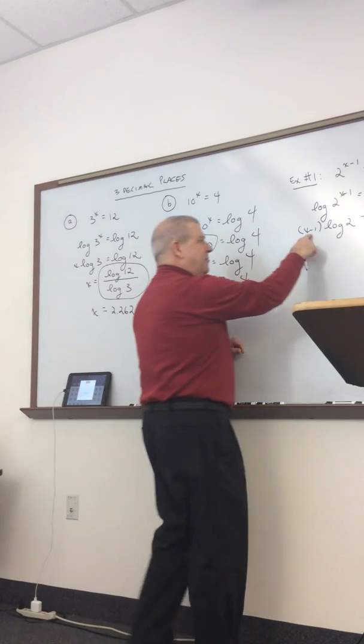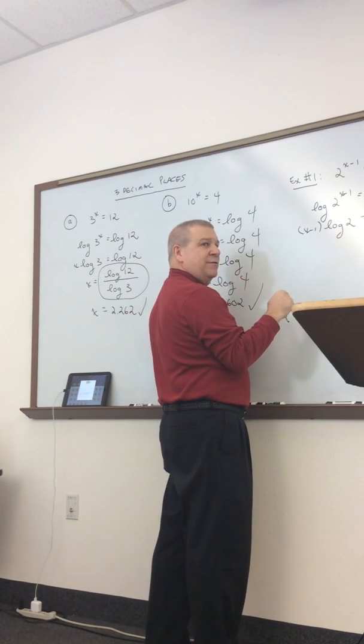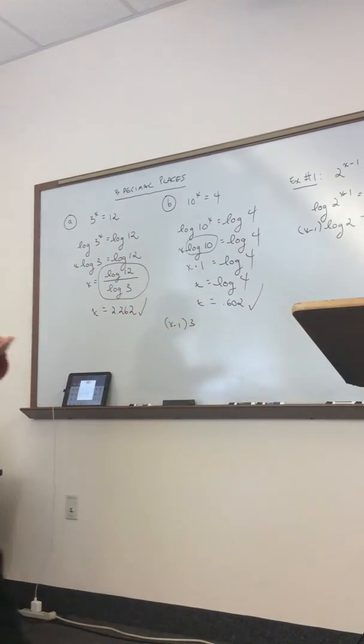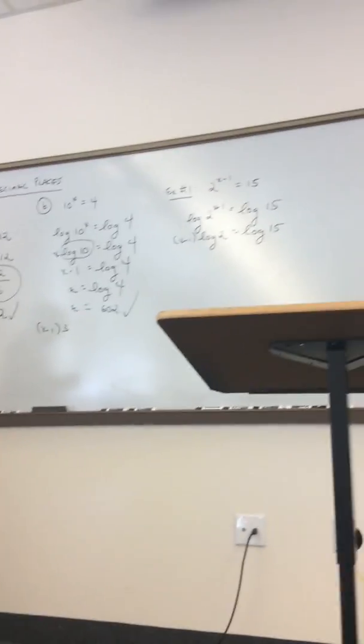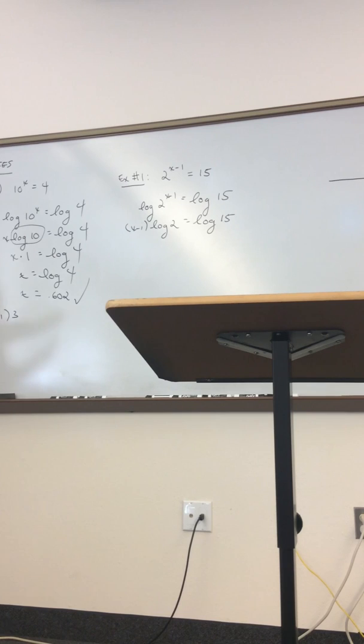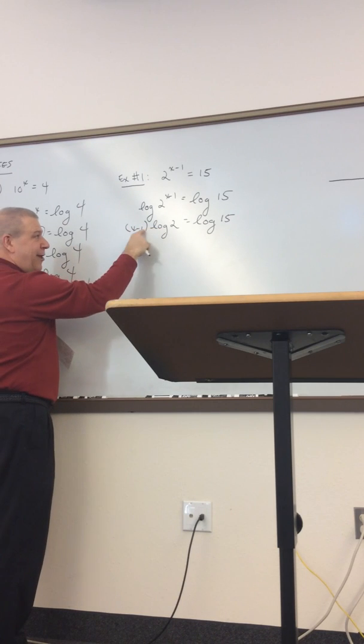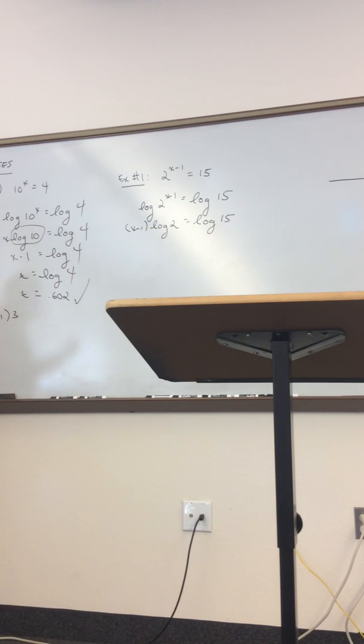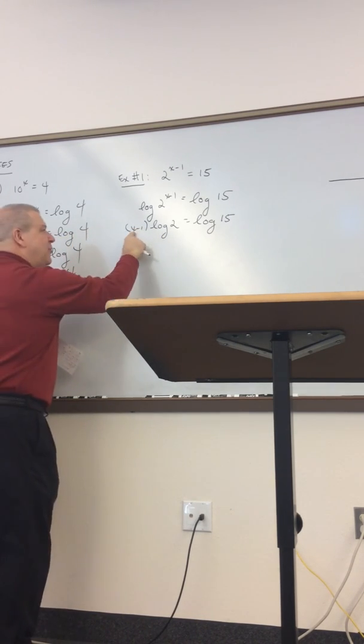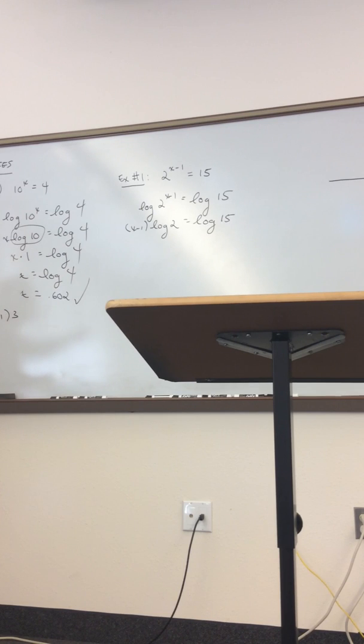Here's a quantity times the log of 2. Can somebody distribute and tell me what to write down? You're going to take the log of 2 times x. You're going to take the log of 2 times minus 1. Why is this so hard? Distributive property. What's the log of 2 times x? How do you think I want you to write that?